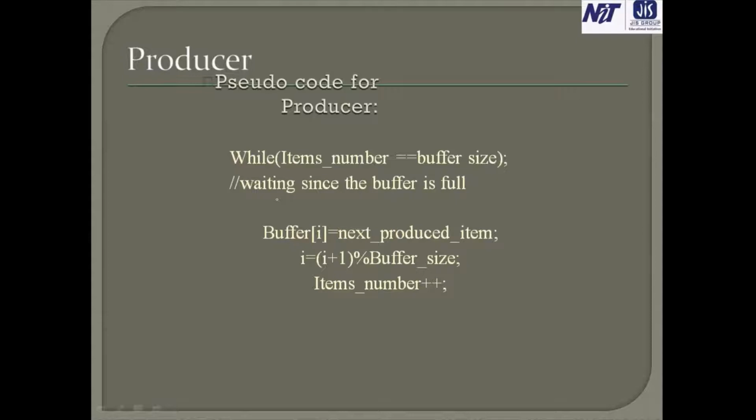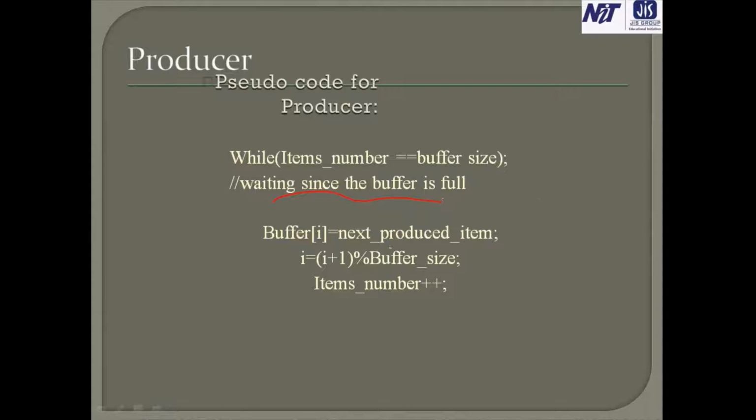Look at the code of the producer. While the item number equals the buffer size, that means the buffer is full. Suppose the producer wants to produce; that time it first checks whether the buffer is full or not. If the item number equals the buffer size, the buffer is already full, so it will exit.